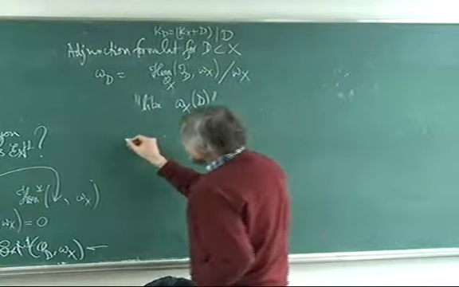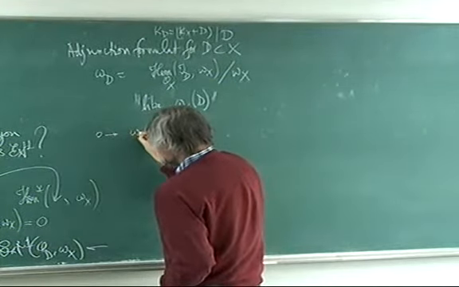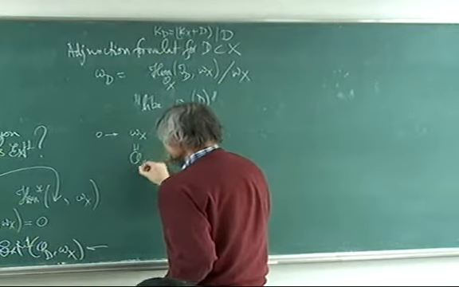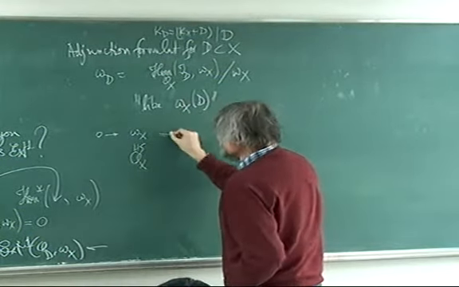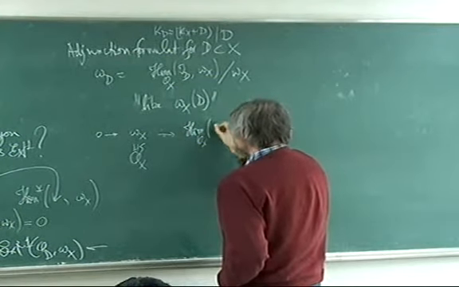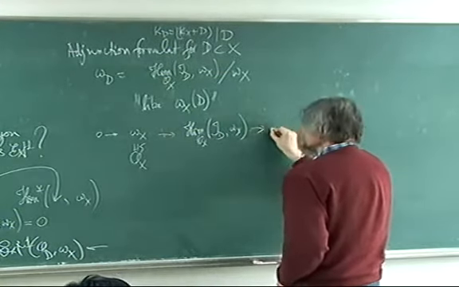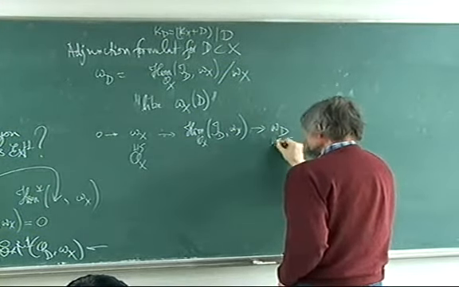Okay, so the upshot here is that I have this exact sequence. 0 goes to omega X, which we know is just OX, goes to this Hom group, and that goes on to omega D, and we know this is just OD.